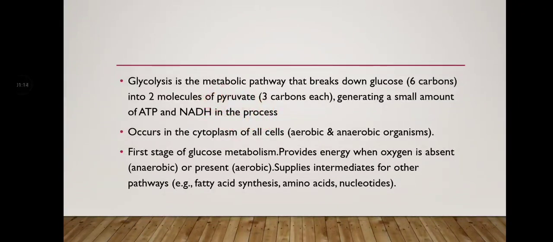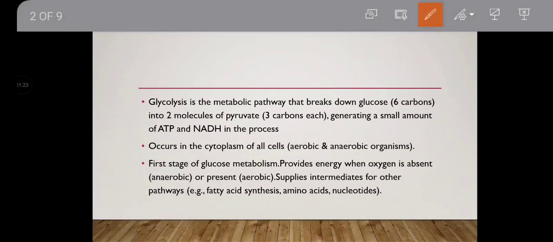That is glycolysis, and it occurs in the cytoplasm of what? Cells. It does not necessarily depend on oxygen for it to occur, but the amount of ATP that is produced is different in aerobic and anaerobic conditions.